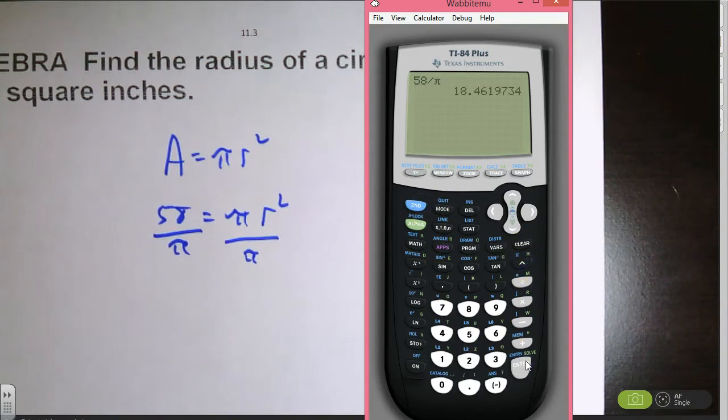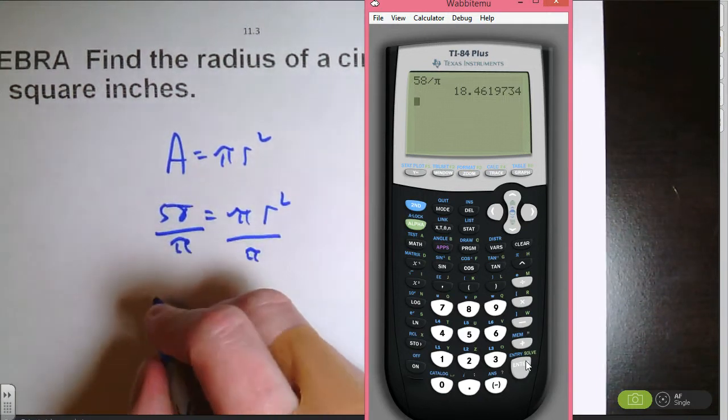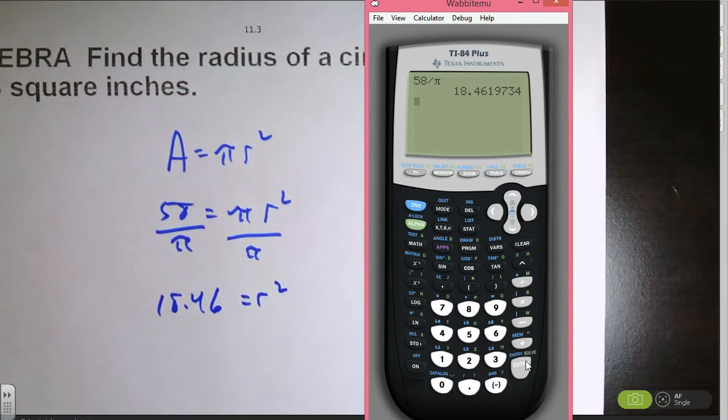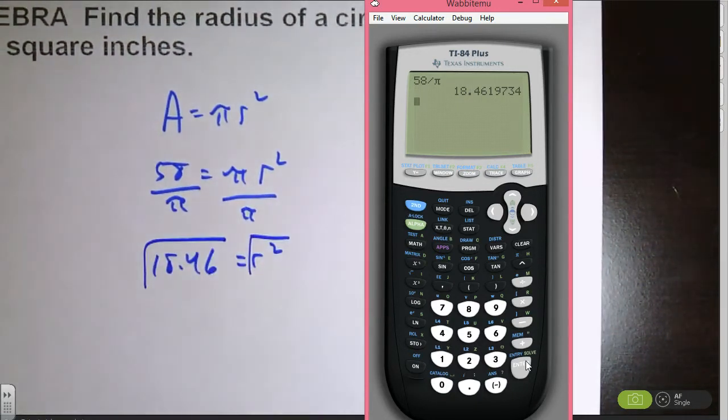Which is 18.46. I always like to go a few places, at least two. So 18.46 equals r squared. And now to solve for r, take the square root. The square root of 18.46 is 4.296, so 4.3 to the nearest tenth.